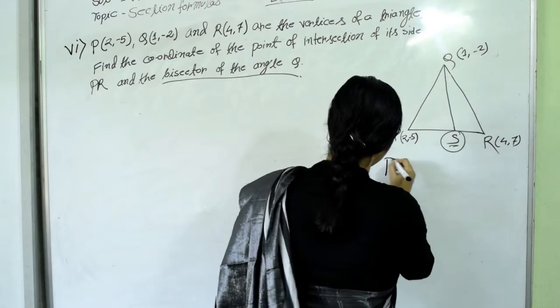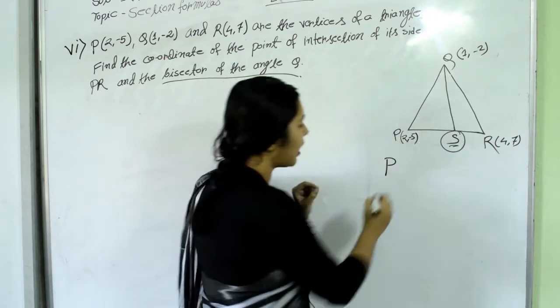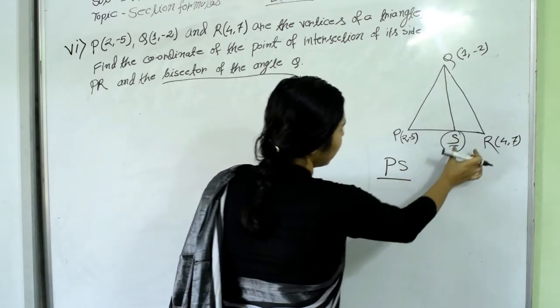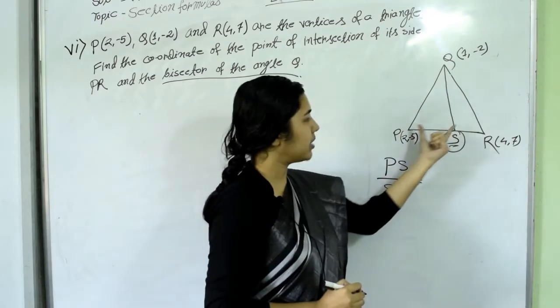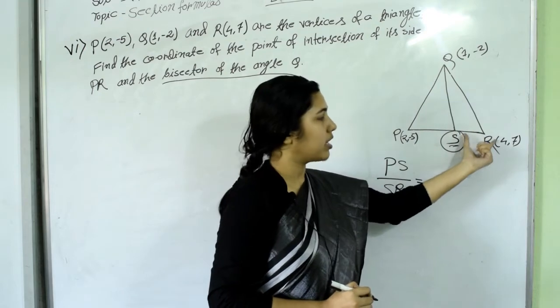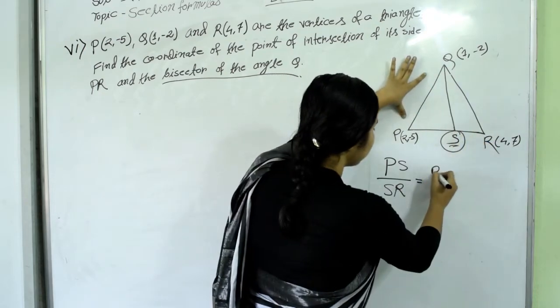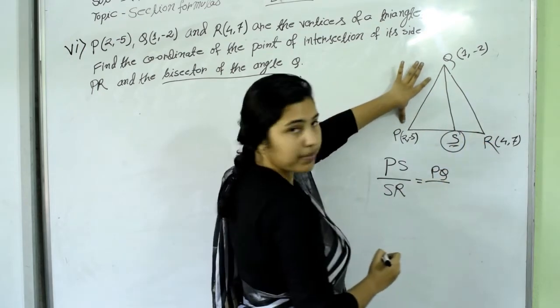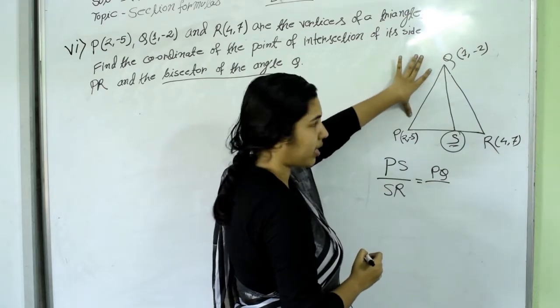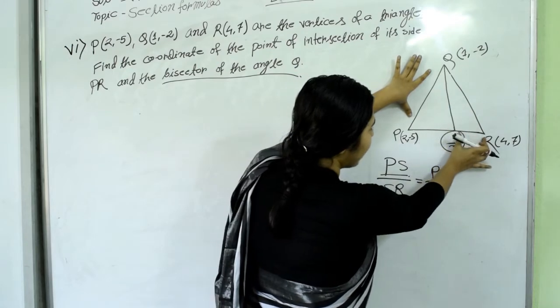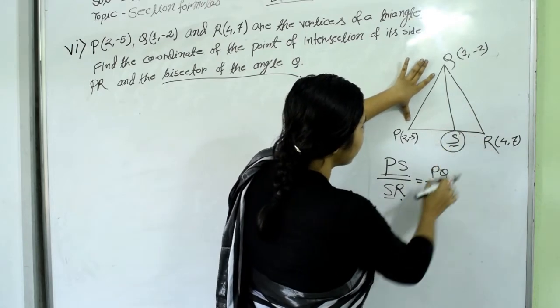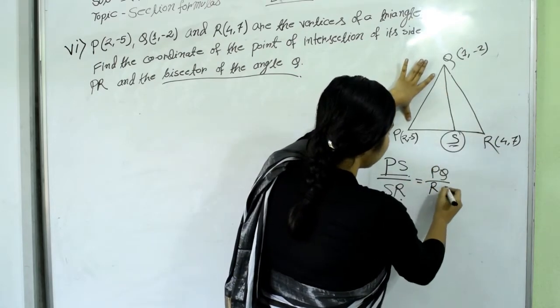So here the proportion is PS by SR equals PQ by RQ.